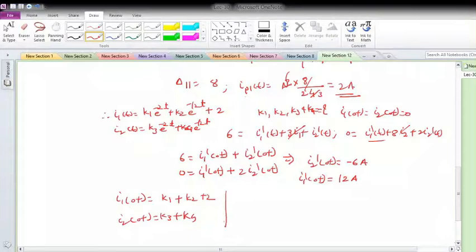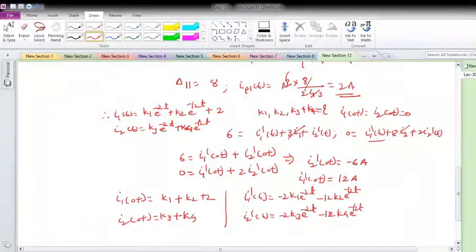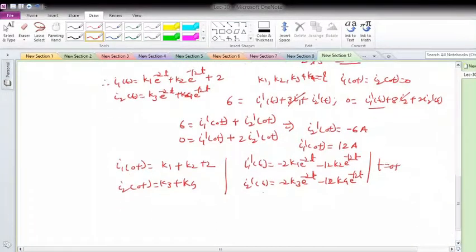Okay, and I should know what my I1 dash of t and I2 dash of t are. So I1 dash of t will be minus 2 K1 e raised to minus 2t minus 12 K2 e raised to minus 12t. I2 dash of t will be the same: minus 2 K3 e raised to minus 2t minus 12 K4 e raised to minus 12t, and this evaluated at t is equal to 0 positive.